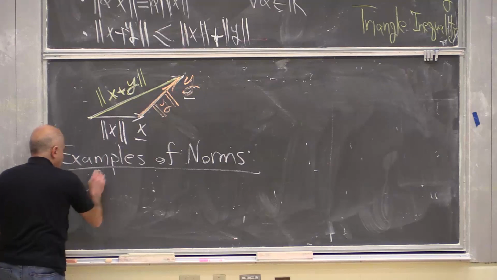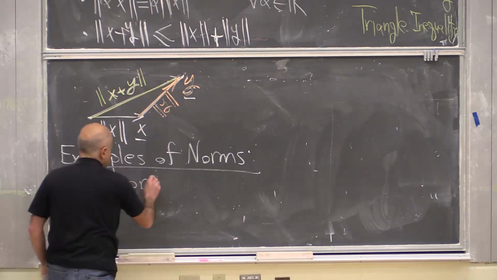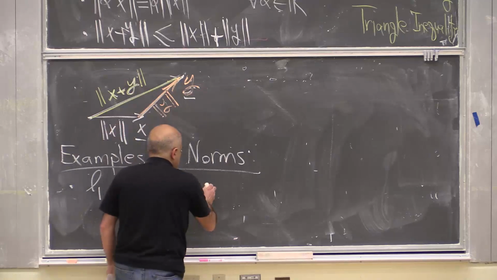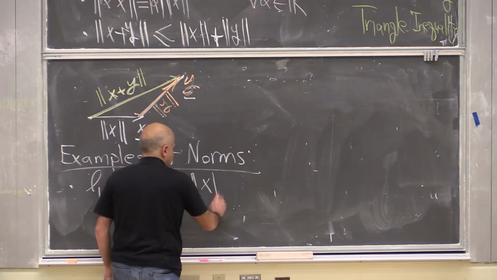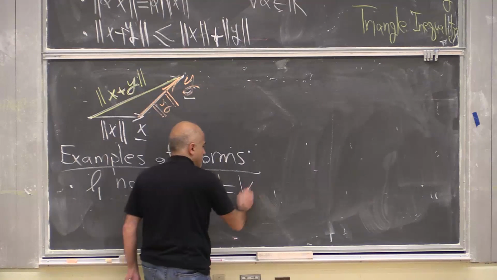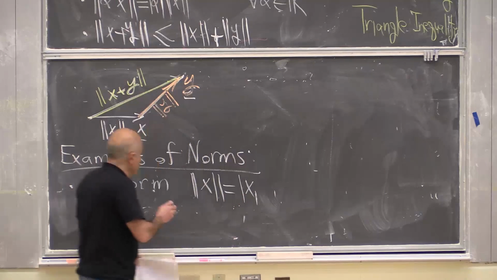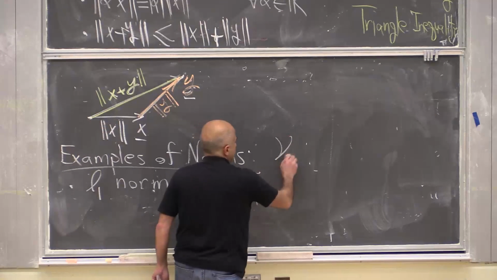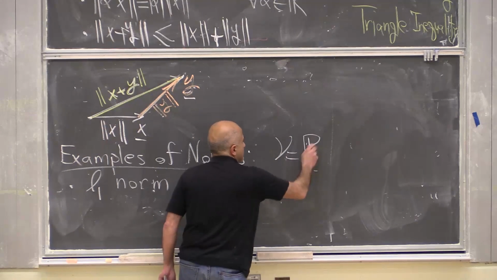One is called the L1 norm, and that's where you add, so now I'm going to restrict my vector space to be Rn.